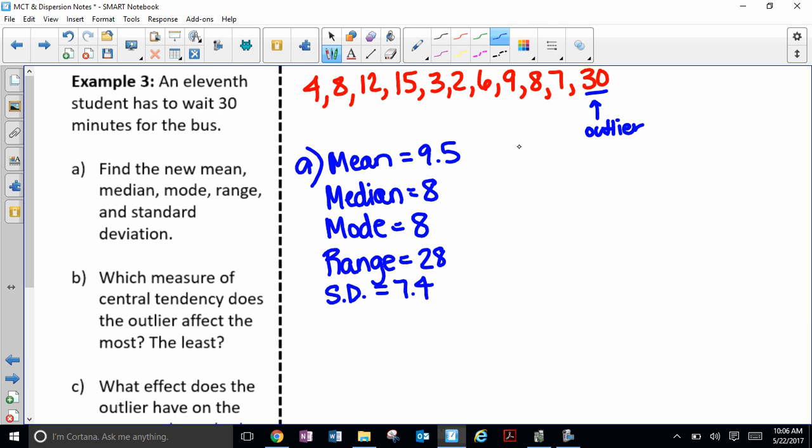So then part B asks, which measure of central tendency does the outlier affect the most and the least? So the measures of central tendency is just mean, median, and mode. So what did it mess with the most? Yeah, the mean. So the mean was most affected.